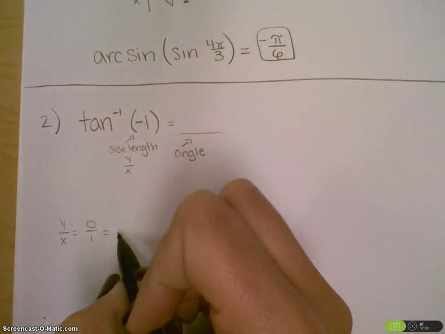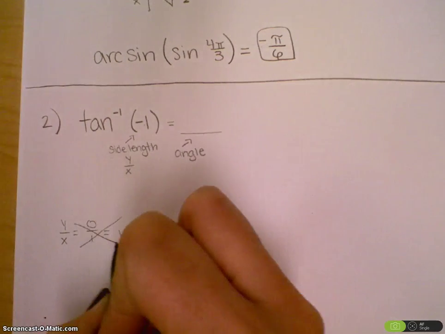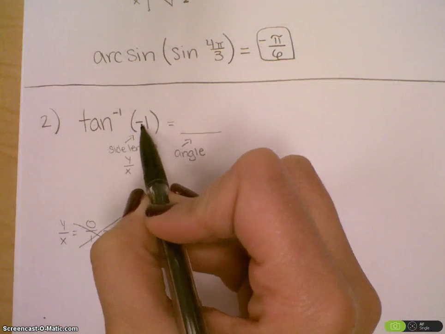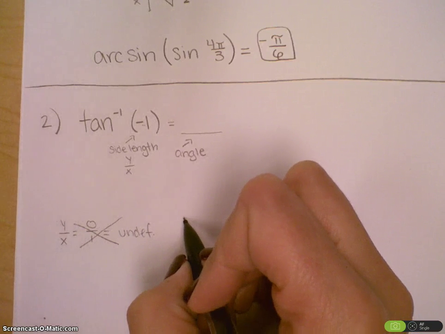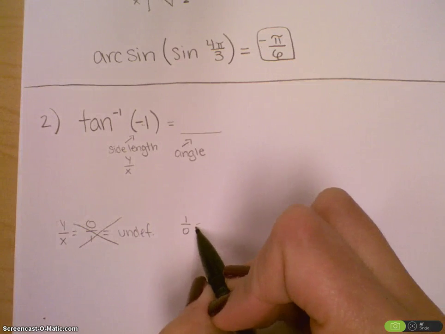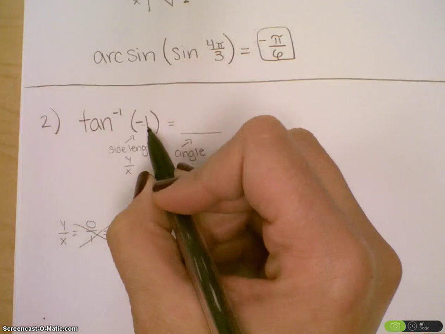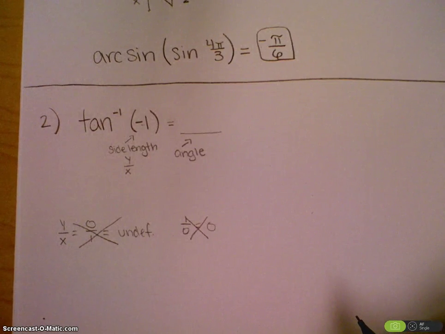But 0 divided by 1 gives 0, not negative 1. The second natural guess students make is 1 divided by 0, which is undefined. So the combination of 0 and 1 is not the point we are looking for.